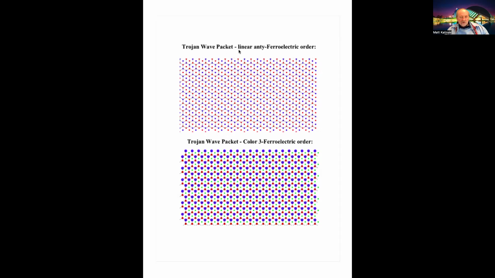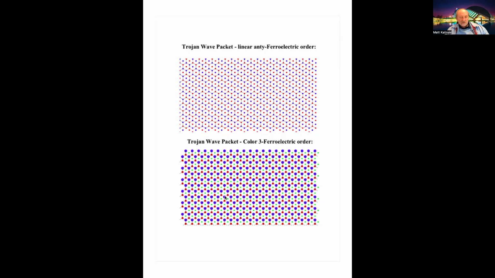Okay, and you also get more complicated orders. I call it linear antiferroelectric orders when the atoms are on lines, angled lines, red lines and blue lines. You also get a self-consistent equation, also three-color ferroelectric order when various atoms are in Trojan wave packet states with different absolute values of the dipole moment.